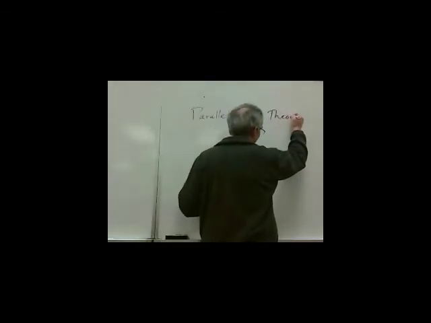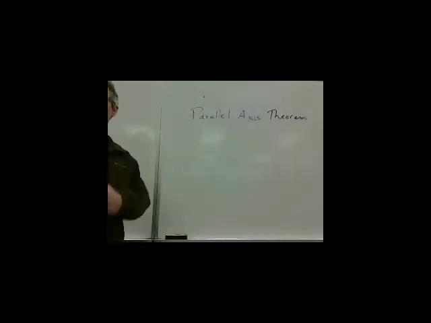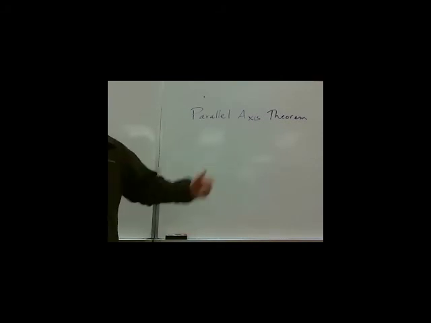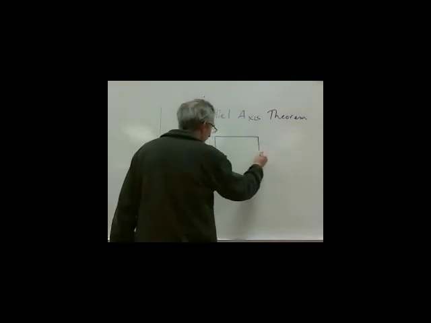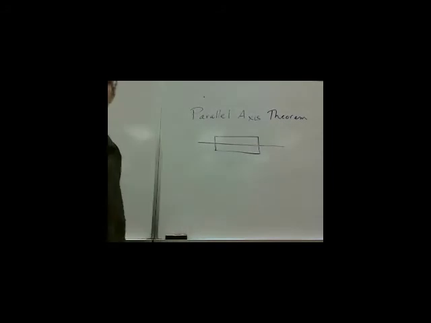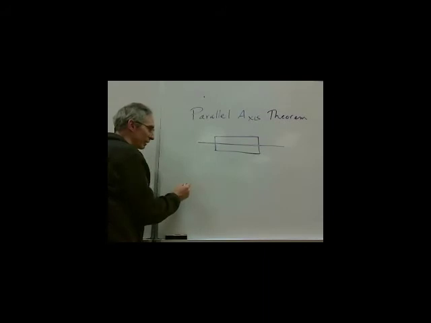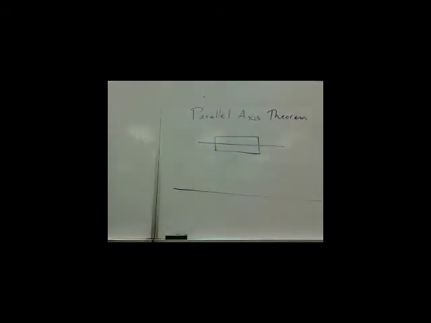The parallel axis theorem says, well, if all I know is formulas for the moment of inertia about a centroidal axis, what happens when I need to find the moment of inertia about some other parallel axis? For instance, I just got done finding the moment of inertia about that axis, right? But what happens when I don't want it about that axis? I want it about this axis. What do I do then?